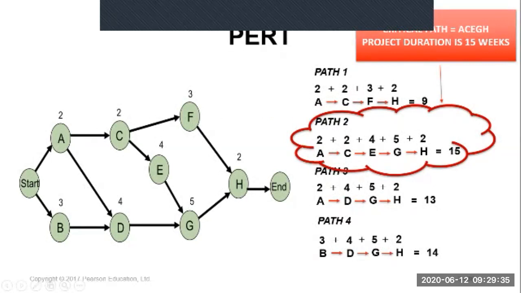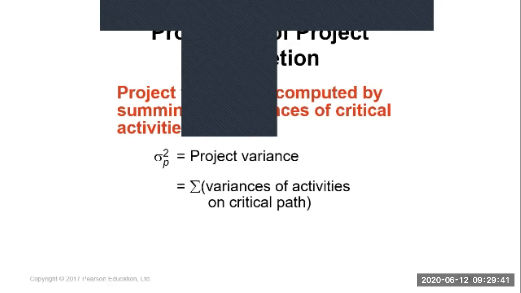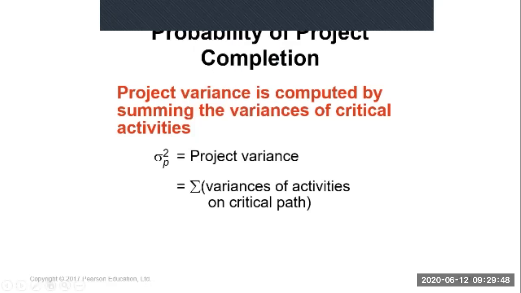Now in PERT, we can calculate the probability of project completion time. Sorry, this is project variance. Before we calculate the probability of project completion, you have to calculate the project variance.